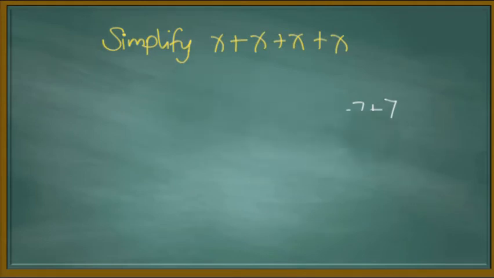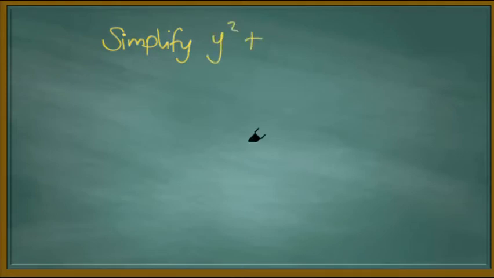Now, let's try another one. This time, let's simplify y squared plus y squared. Now, y squared, again, is an expression that has a variable. So we can look at and translate y squared plus y squared as the square of a number added to the square of the same number.